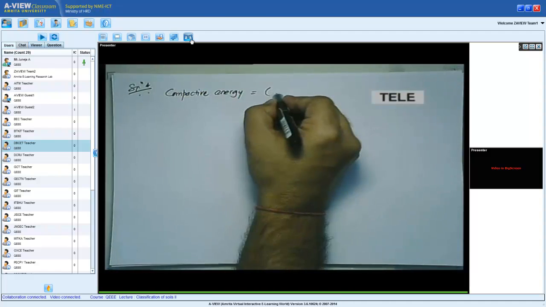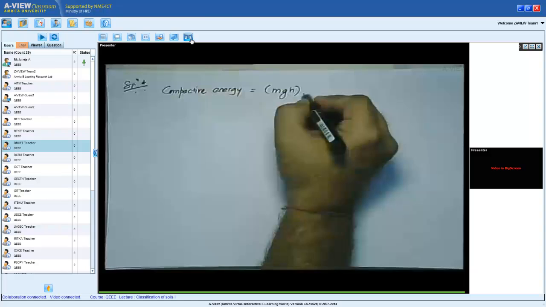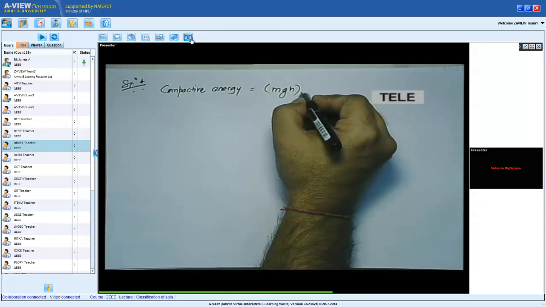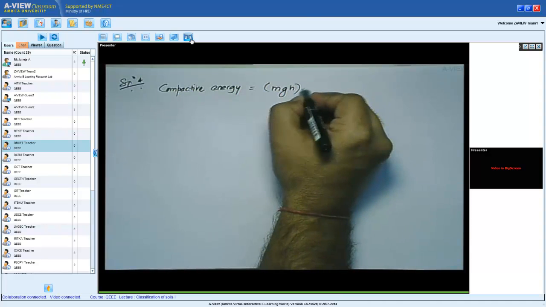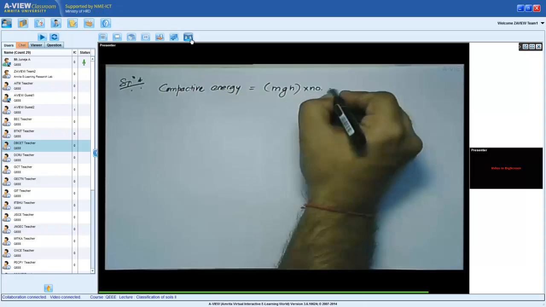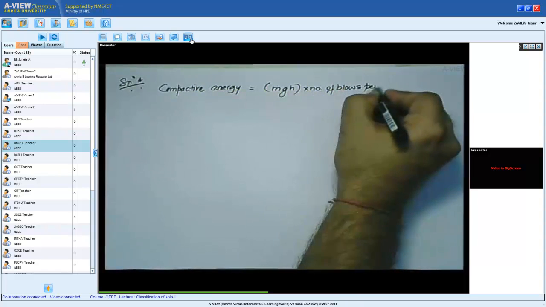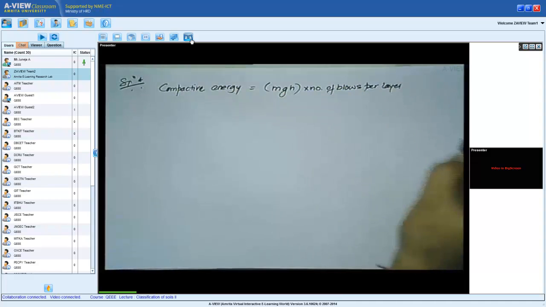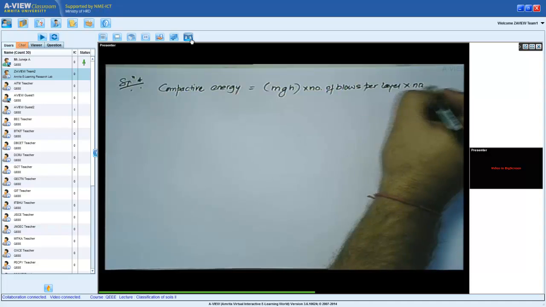Potential energy, elementary physics tells us, is mgh, times the number of blows per layer, times the number of layers.